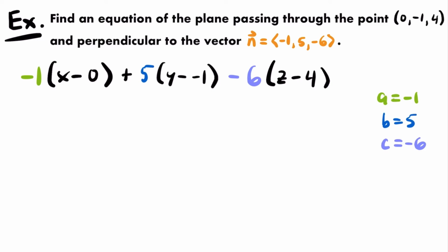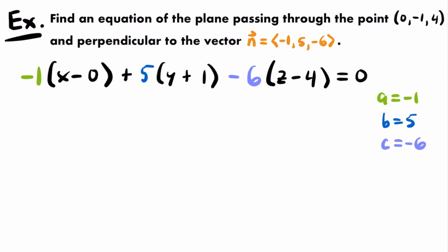Okay, and then don't forget to write equals 0 to finish off that equation. All right, so this is the standard form of an equation of this plane. Now what we want to do is simplify it and get it into the general form. And first things first, notice that we have y minus -1 right here. That would be the same as y plus 1. So I'm just going to rewrite that here. We'll have y plus 1.